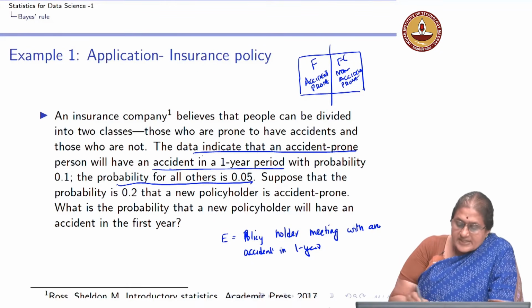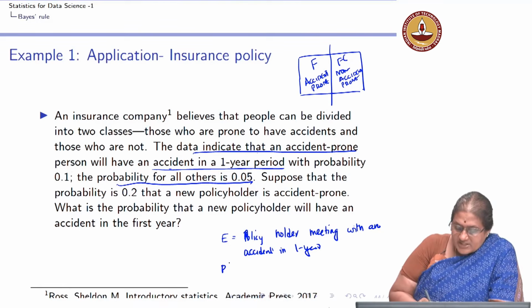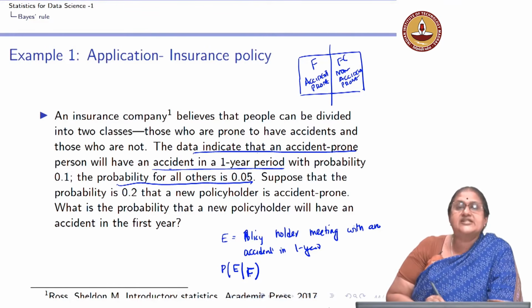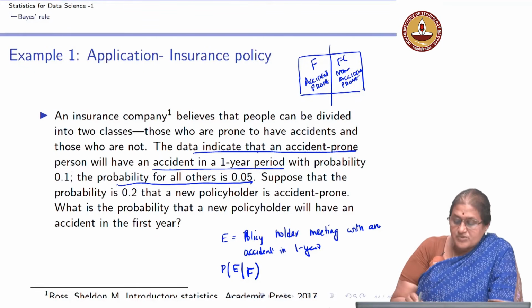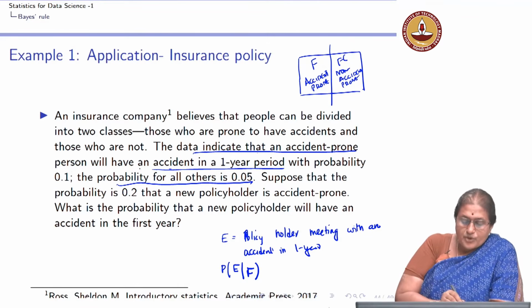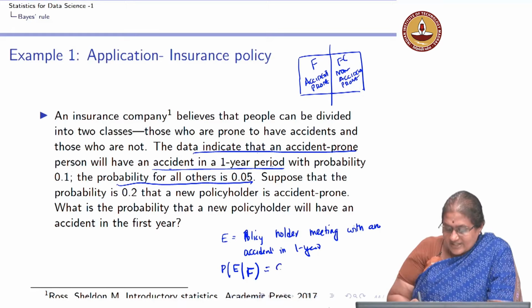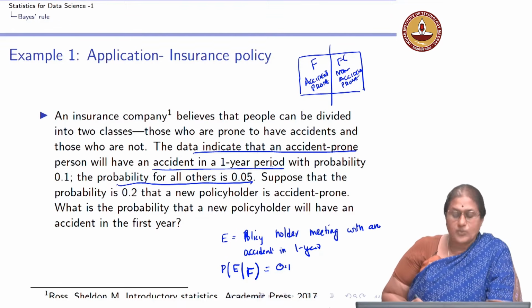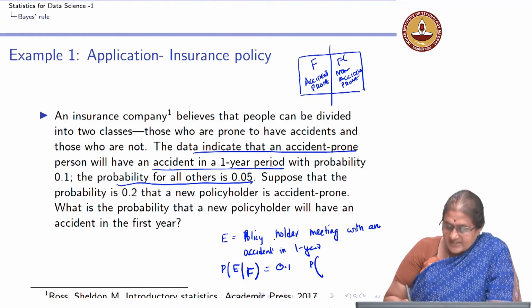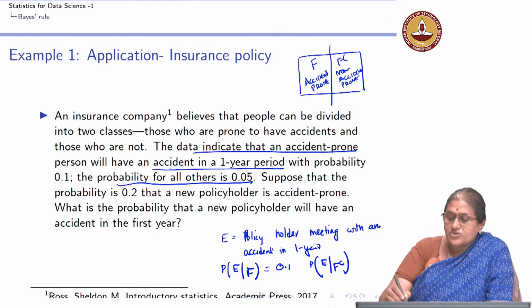So, what do we understand by this? The chance of a person having an accident within a year given he belongs to the accident prone class. That is what this means, that an accident prone person will have an accident within a 1 year period and this probability is given to be 0.1. The policy holder who is meeting with an accident also will belong to these two classes.